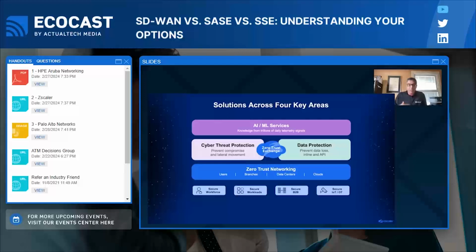So as an example, understanding user performance, user experience, right? Using those signals to say, hey, we have users that are having performance problems, then it's because of Wi-Fi. Using that same data to understand return to office. How many people are working from home, working from the office, hybrid environments, or using it to calculate, let's say, risk scores. So all of this is built on an underlying architecture that has lots of daily signals that we can use for AI/ML services.